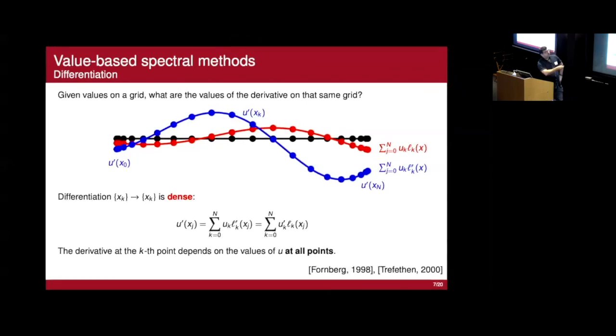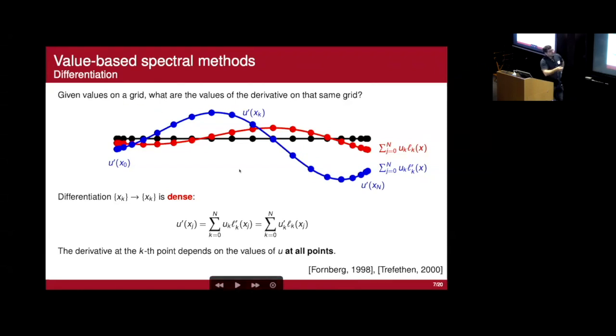You just take the interpolant here and go term by term and take the derivative of each of these Lagrange polynomials. This gives you another polynomial, this blue curve. And now if I want the value of the blue curve at the blue points, I'm going to have to evaluate this sum at each of the x0 to xn.